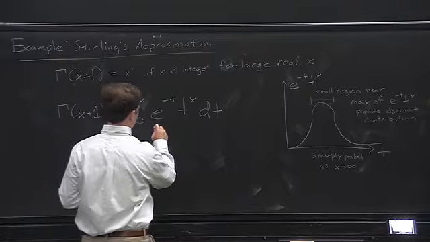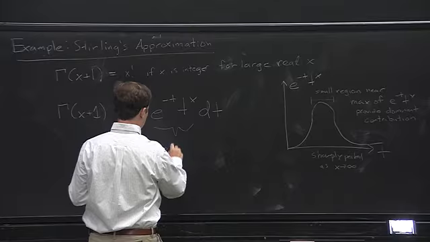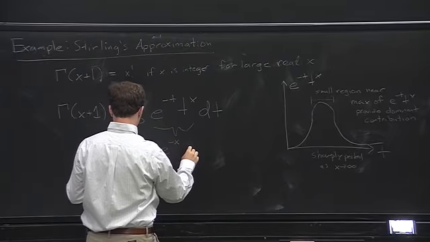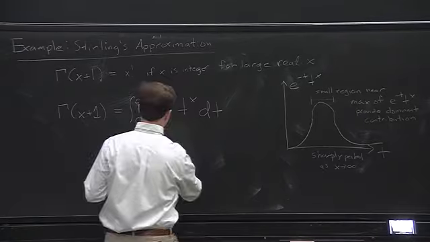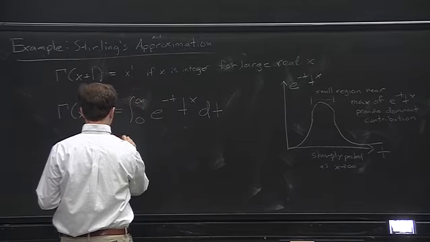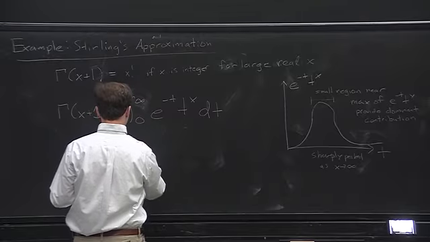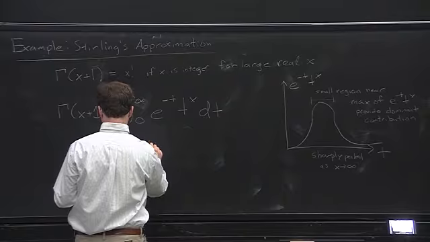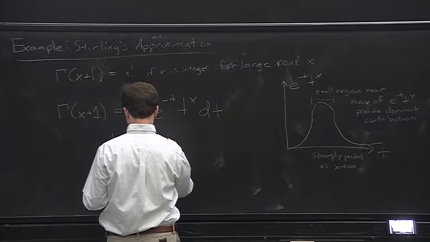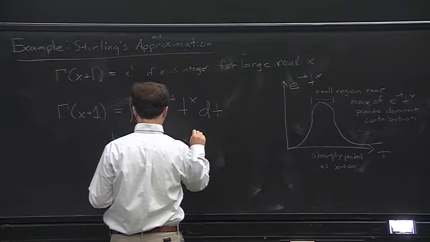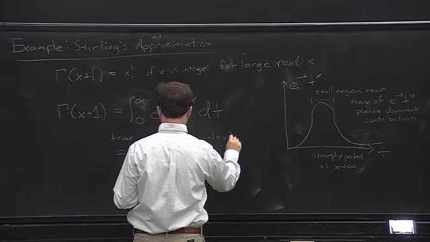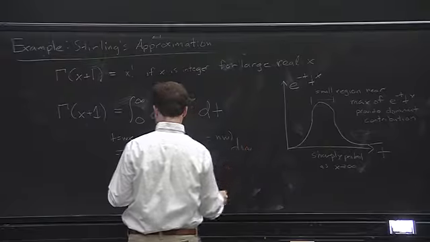So we can write this integrand as e to the minus x times, sorry, I'm going to do a change of variables first. I'm going to do a change of variables, t equals wx. Write this as x to the x plus 1, integral from 0 to infinity, e to the minus x, w minus log w, dw.